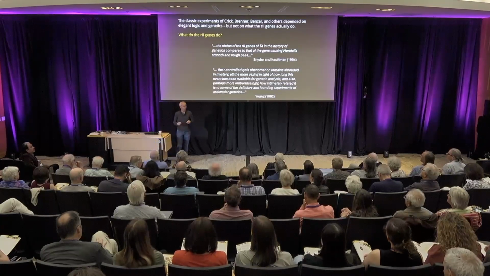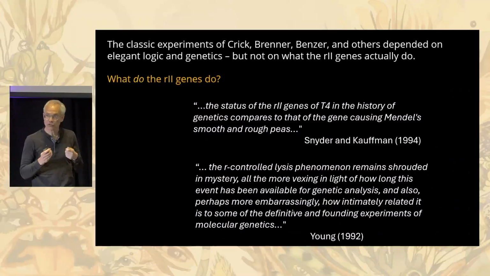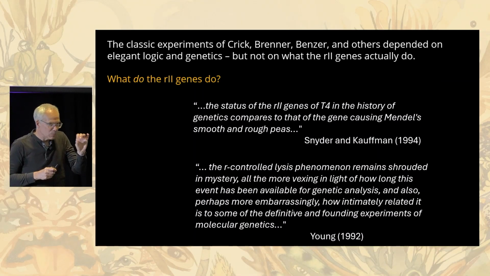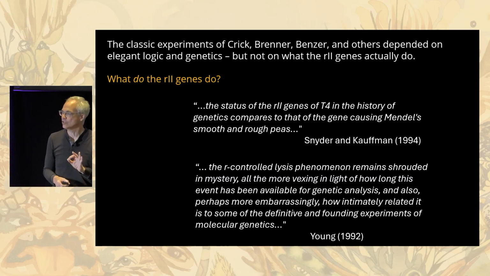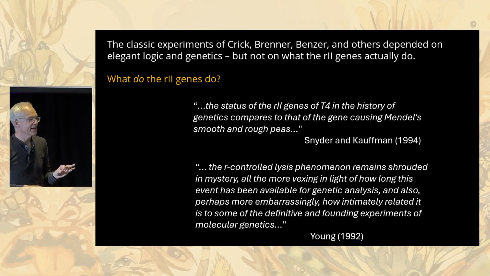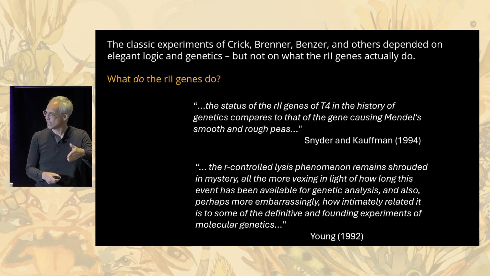So I'm going to pick up where Rich left off. Everything he told you was done with sort of beautiful genetic logic. The mutants, the phenotypes, the linearity of the genetic code, what have you. And what they didn't need to know was what R2 actually did. And this is actually a fairly common situation in the history of molecular genetics, where we have a mutation that has a phenotype.